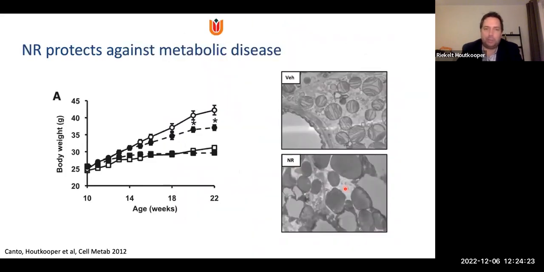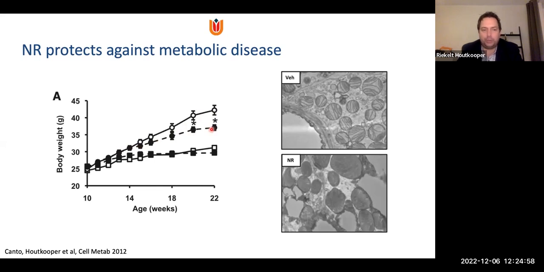So what has been published on these precursors? This is a study that we did ourselves in mice with diet-induced obesity and diet-induced insulin resistance. The white circles are the animals on a high-fat diet, and these ones are the animals on a low-fat diet. You see that on the high-fat diet, they gain significant body weight. But if you supplement the high-fat diet with nicotinamide riboside, they gain less weight.